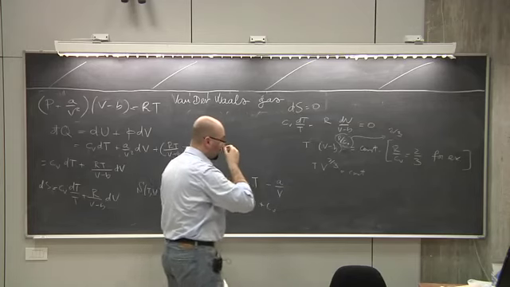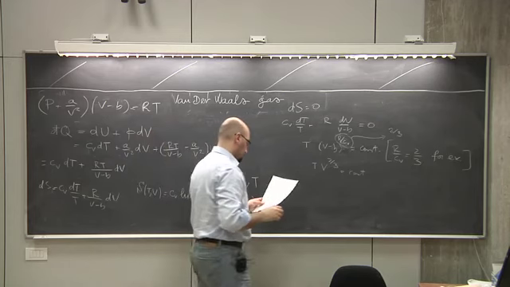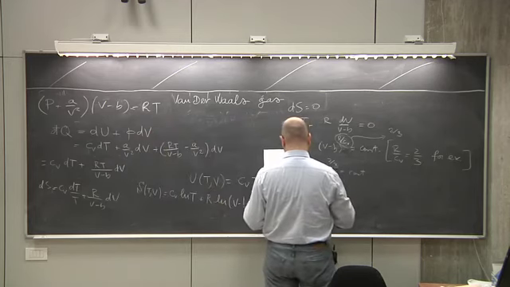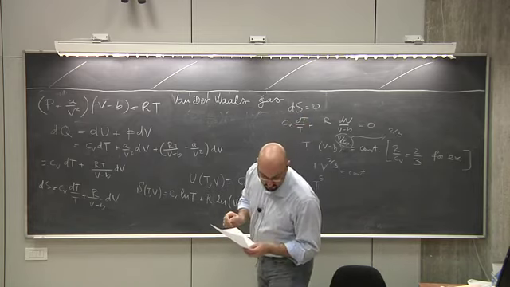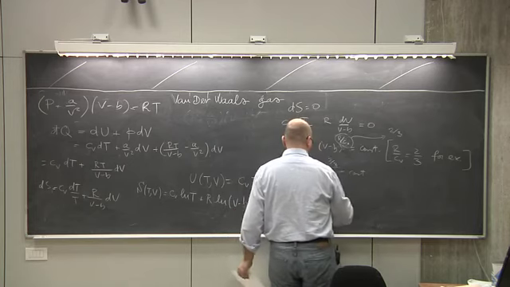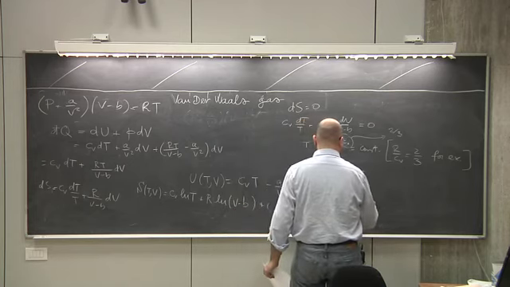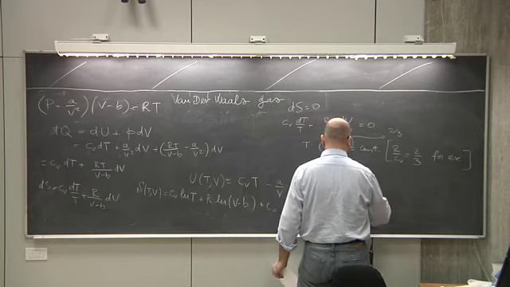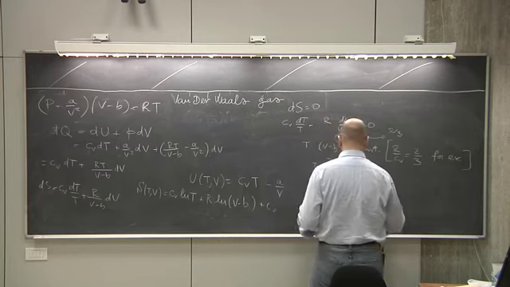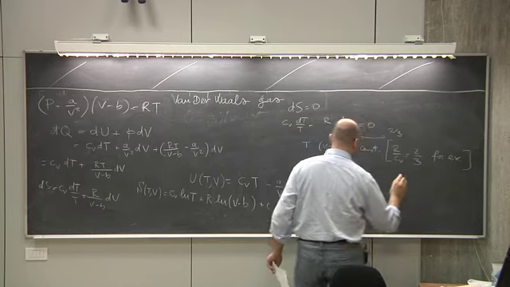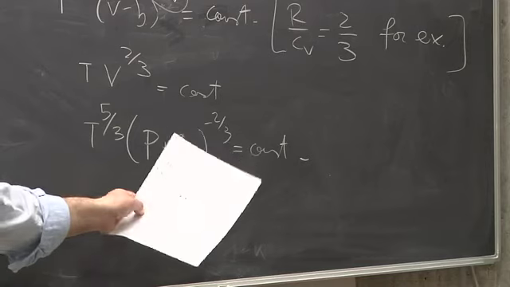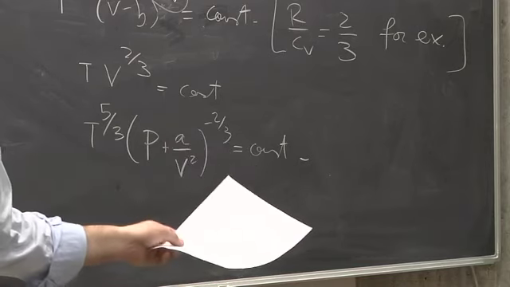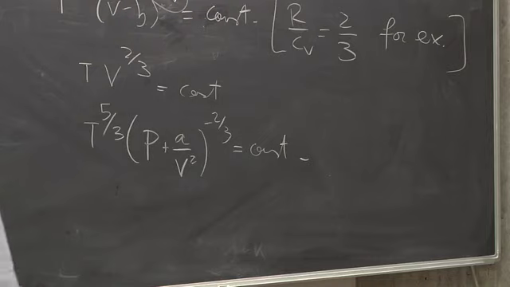So for an adiabatic transformation, we get T to the 5/3 times P plus A over V squared to the minus 2/3 is equal to a constant. And also this one, if you put A equal to 0, is the same as the ideal gas.